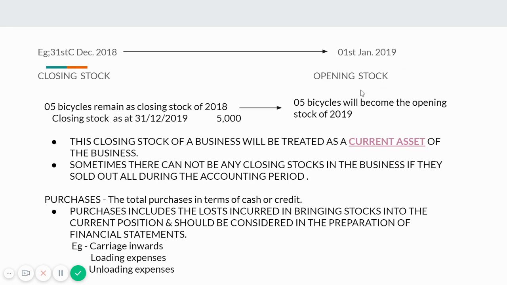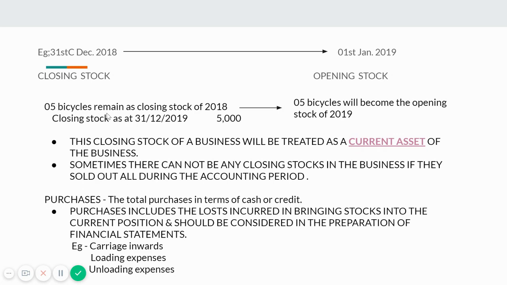Again, as an example, let's say a business is selling bicycles. Let's say they have purchased 100 bicycles in the accounting period of 2018. After purchasing 100 bicycles, at the end of 31st December 2018, they have ended up with 5 bicycles remaining in their stores. So what can they do with that?